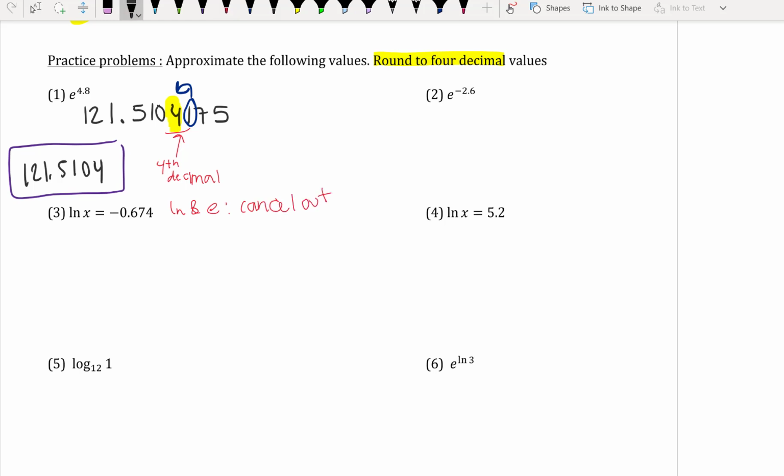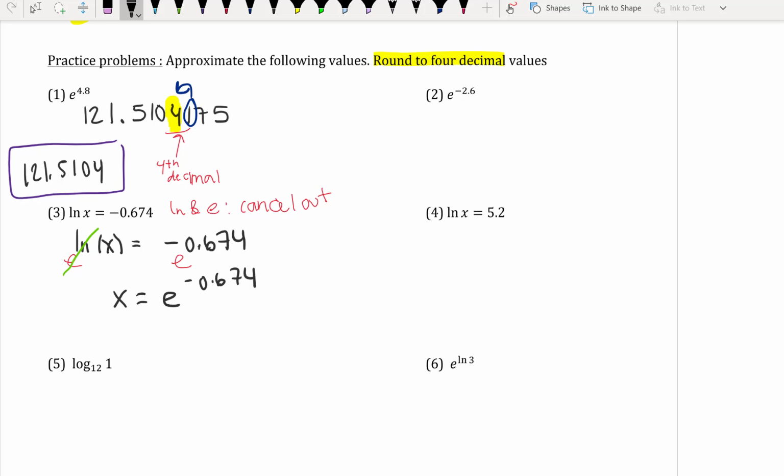So if I have natural log of x is equal to negative 0.674, then what I would do is apply e to both sides. So now the ln and the e cancel. So I'm left with x is equal to e to the negative 0.674.